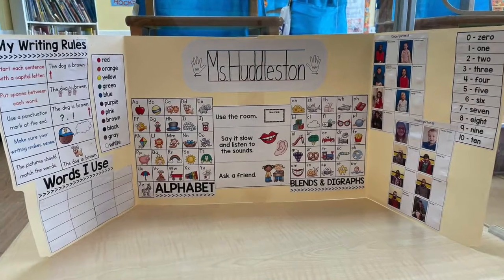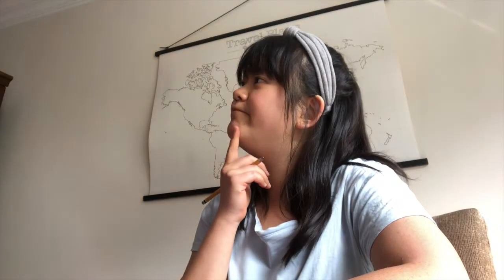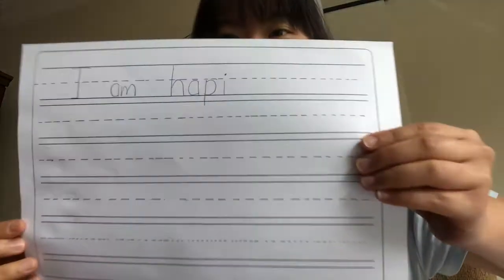That is a good question. Maybe you can try to think or look at the alphabet chart and see which letter makes the I sound. Try to think. Make your best guess. Is it I? The letter I does make the I sound. Thanks, Mom. Good job. You sounded it out so well.